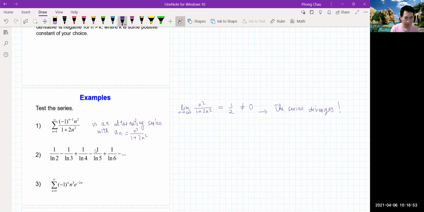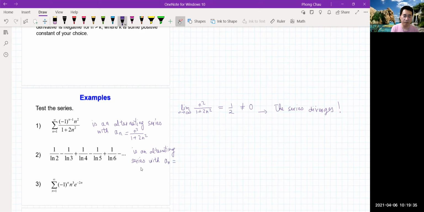Look at number 2: 1 over natural log of 2, minus 1 over natural log of 3, and so on and so forth. You see clearly that this series has alternating signs, so it is an alternating series. If it's an alternating series, then what is a sub n?